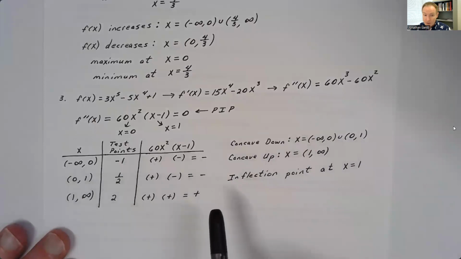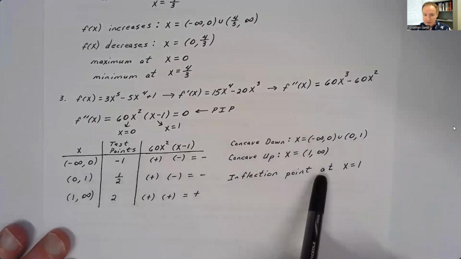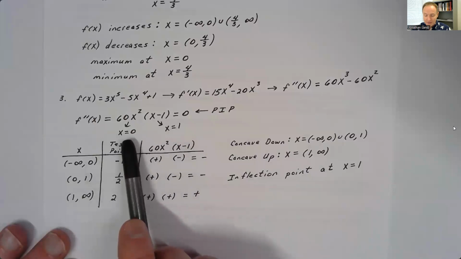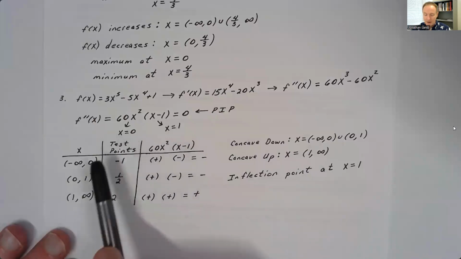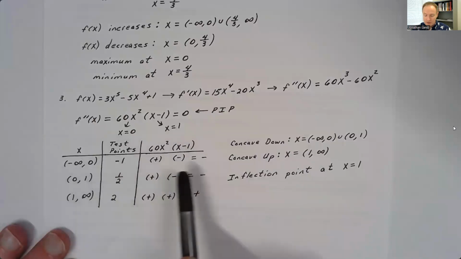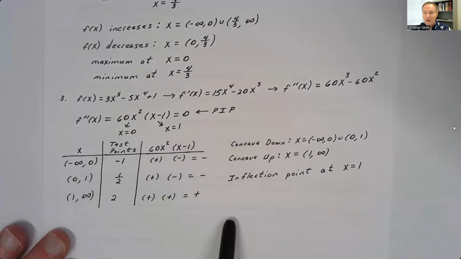So now, as far as the inflection points, the only possible inflection points were when our second derivative is equal to 0. But at an inflection point, the graph has to change concavity. Well, it did not change concavity from the first region to the second region. It's concave down before, concave down after.